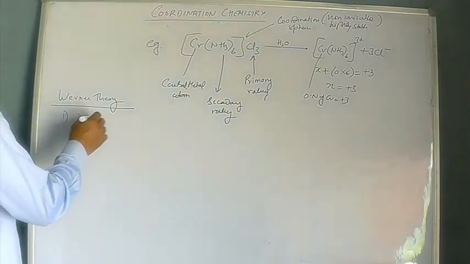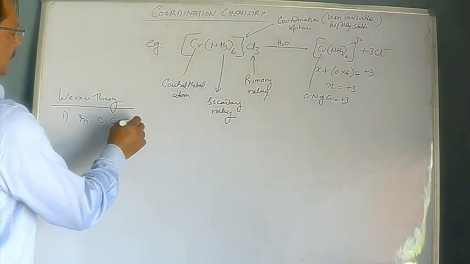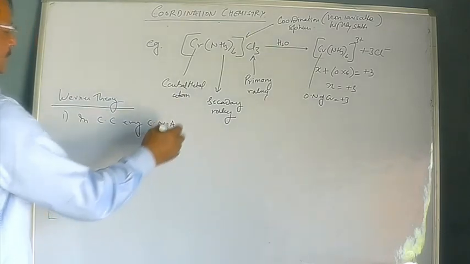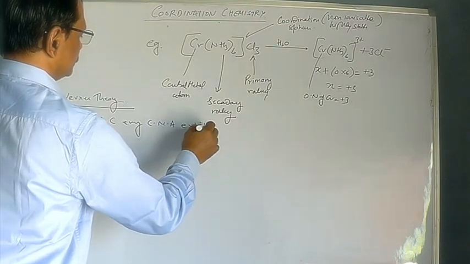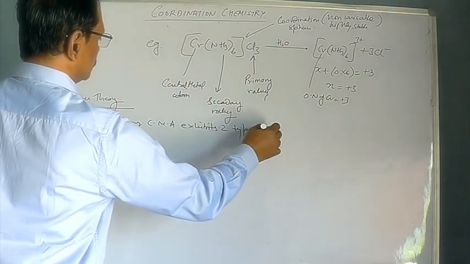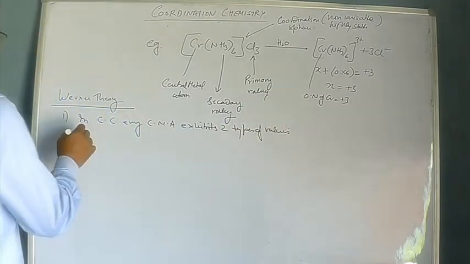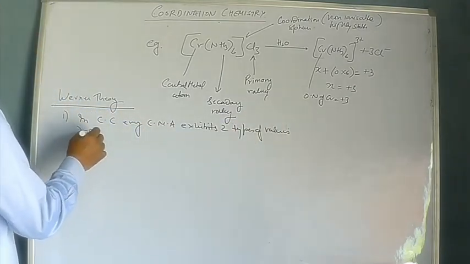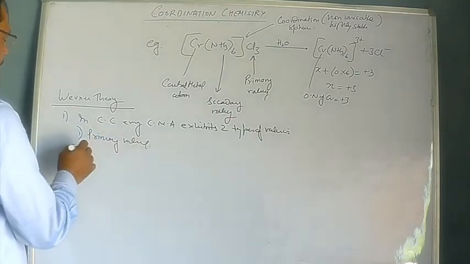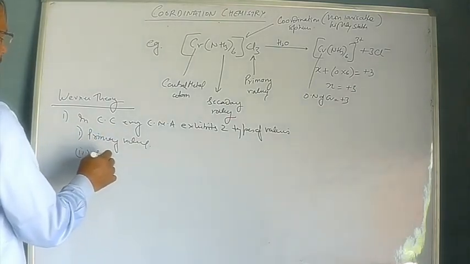Number one, in coordination complexes, every central metal atom, CMA, exhibits two types of valencies. Number one, primary valency, and number two, secondary valency.